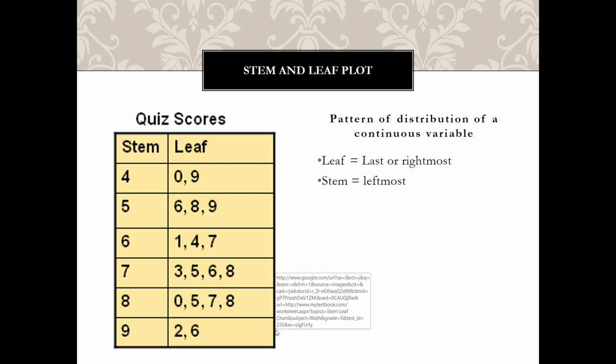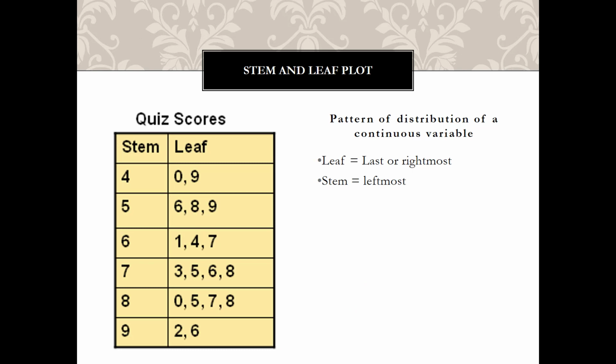The leaf is the right side and will be your last or rightmost digits in your response to the variable in your data, and the stem is the leftmost or the first digit of the measurement range. So let's look at this example and go through what we're talking about for a stem and leaf plot.